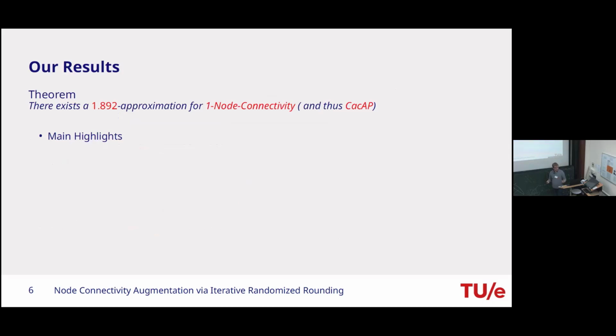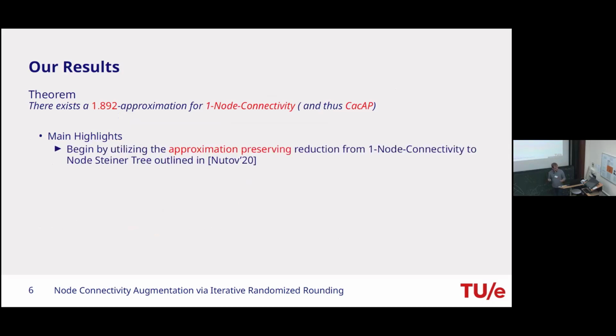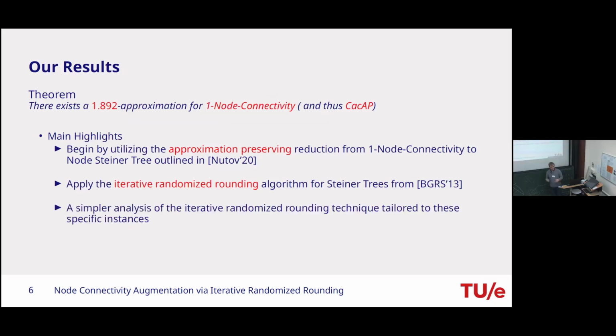Some highlights of this talk. First, we're going to go over this reduction from node connectivity to Steiner trees. We're going to look at the actual algorithm to solve these particular Steiner trees. Then we're going to give a nicer, simpler analysis for these rounding techniques, which again is tailored to these specific Steiner tree instances.